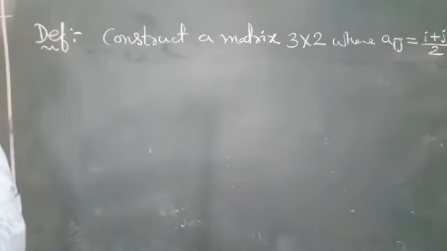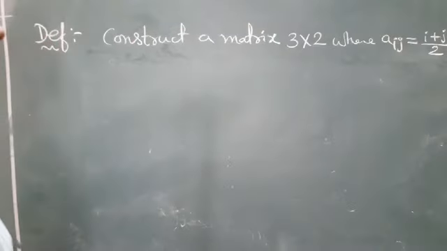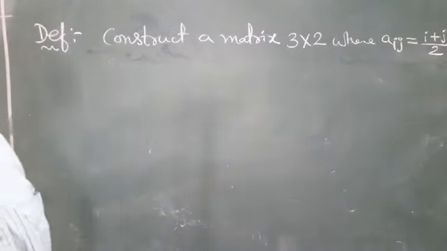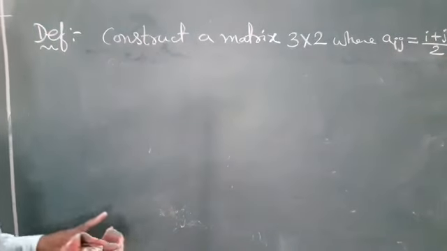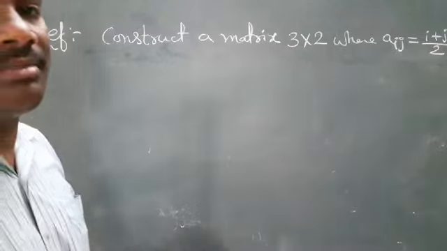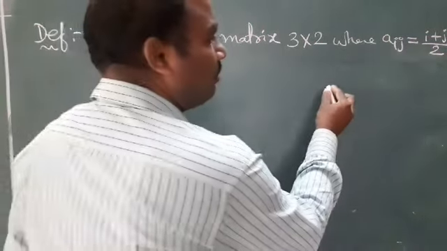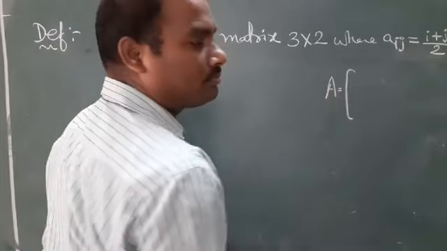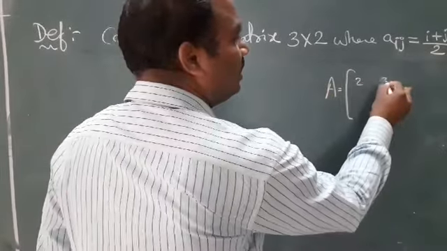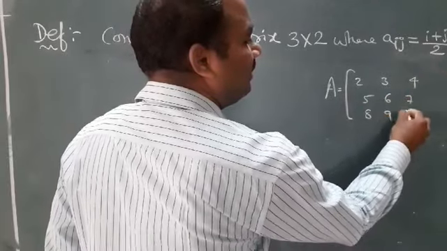First of all, we shall discuss the order of a matrix. What is the definition of the order of a matrix? I already told you, but once again I am telling you now. For example, A is equal to 2, 3, 4, 5, 6, 7, 8, 9, 10.